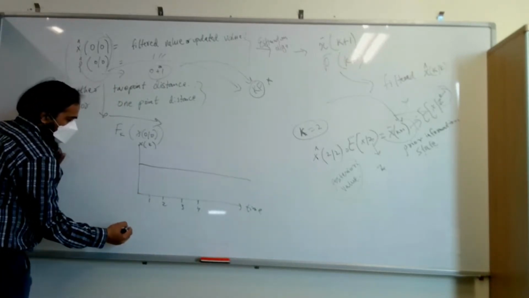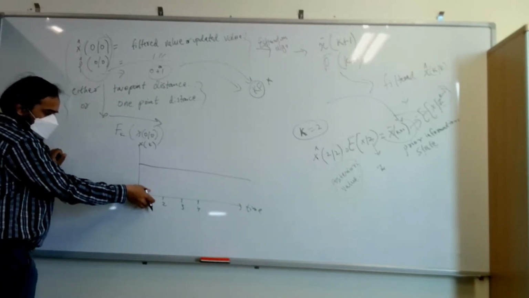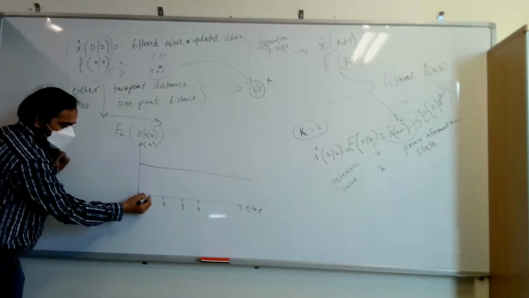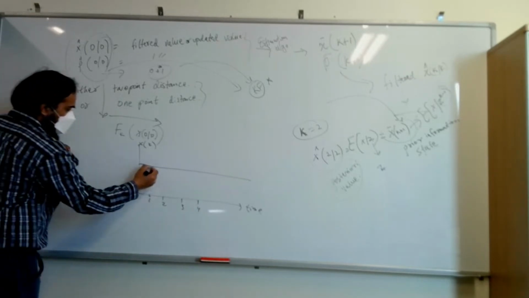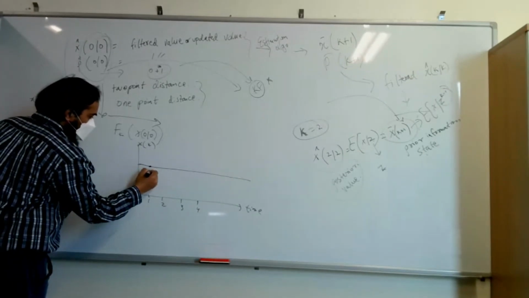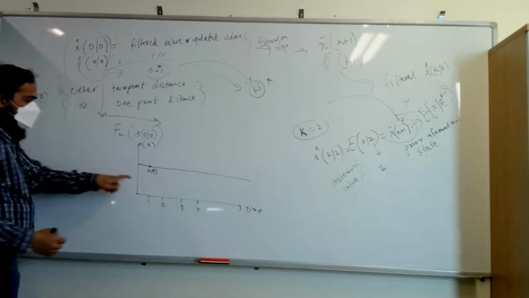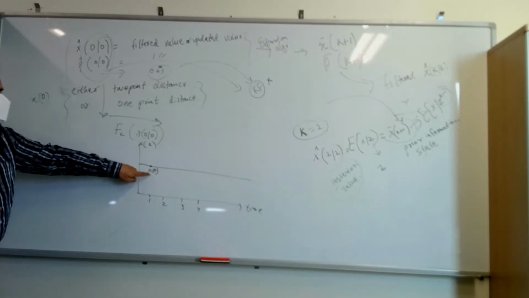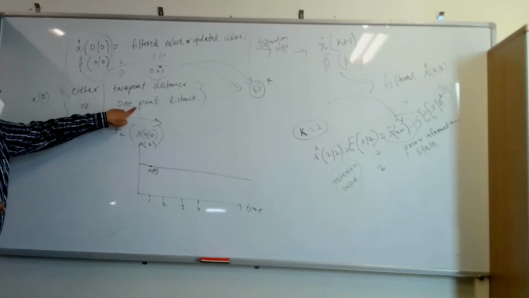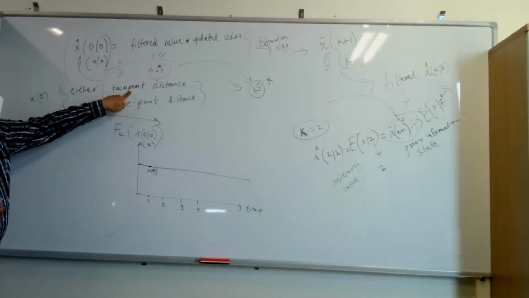Now at first we do not know any variable, so we have to assume that there is a target having this value. We have to assume this value to be known, so we have to calculate using 1 point if 1 point is given, or 2 points if 2 points are given.